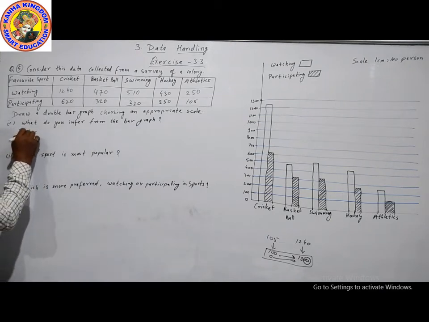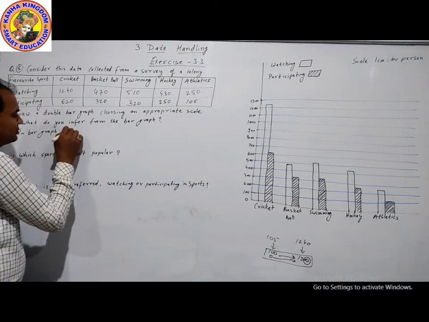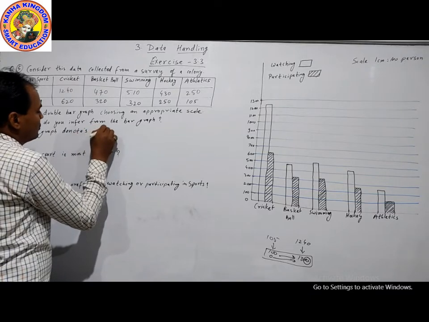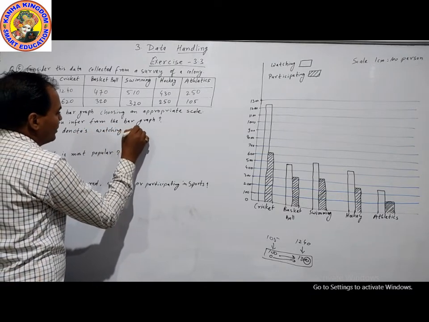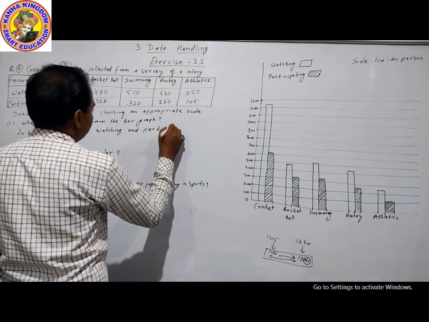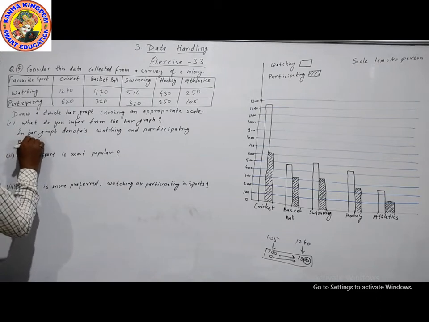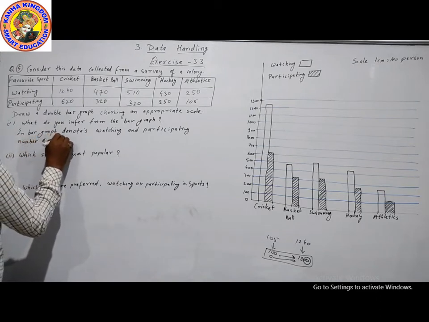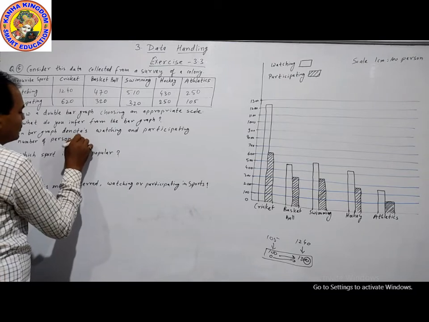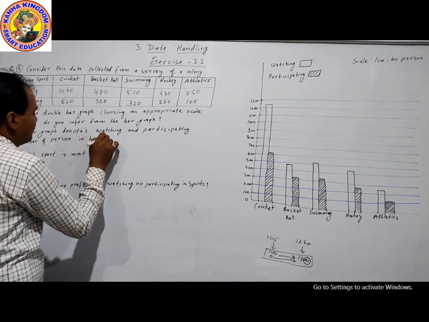This bar graph denotes the number of persons watching and participating in their favorite sports.